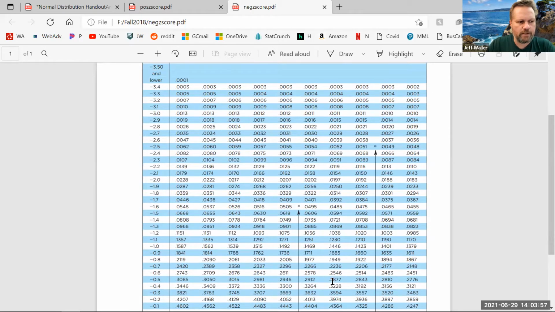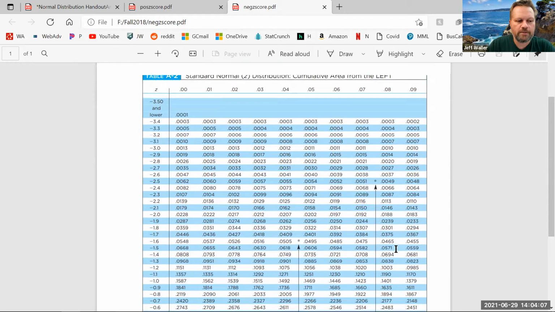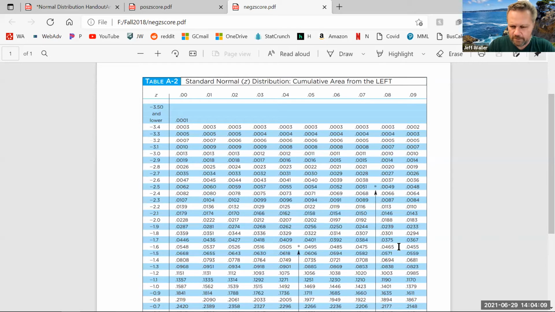So what's the closest you can get to 0.14? Negative 1.08. Do you guys see that? That's the closest I can get to 14%. Pretty close.